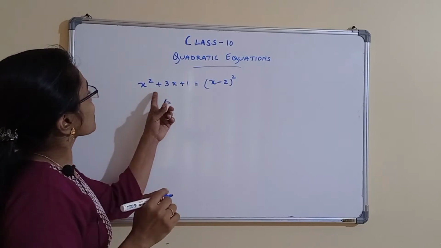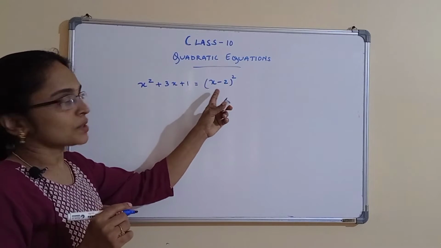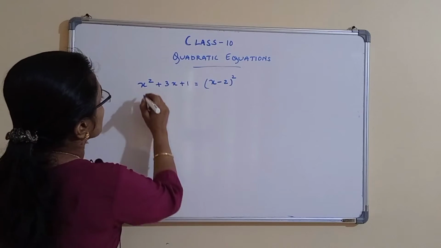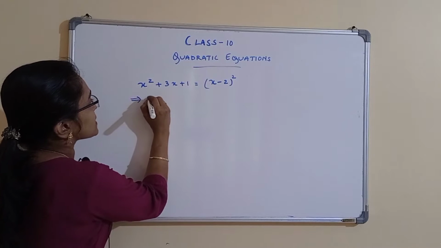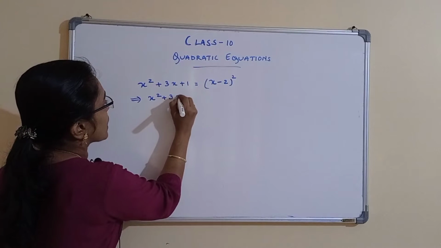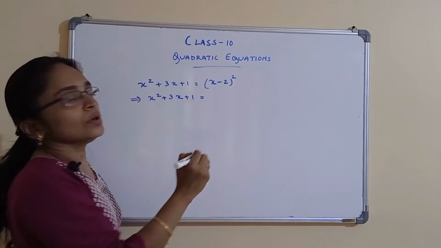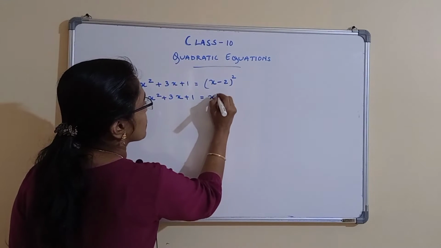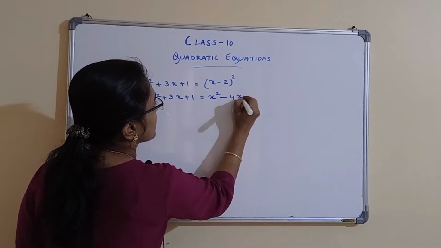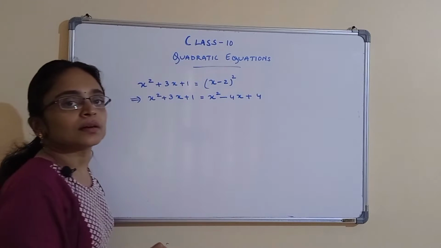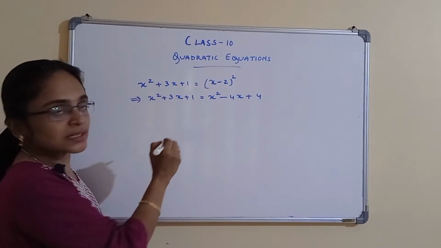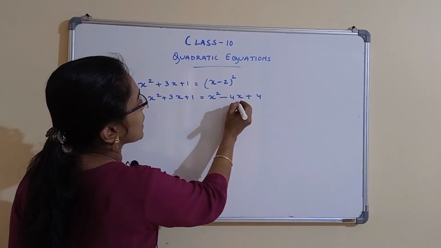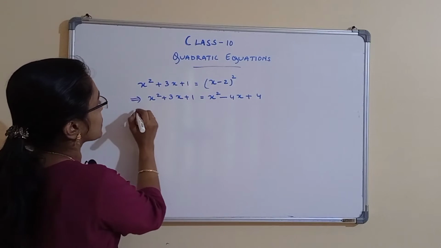Next is x² + 3x + 1 = (x − 2)². So we can write (x − 2)², which is (a − b)², as a² − 2ab + b². So x² + 3x + 1 = x² − 4x + 4.